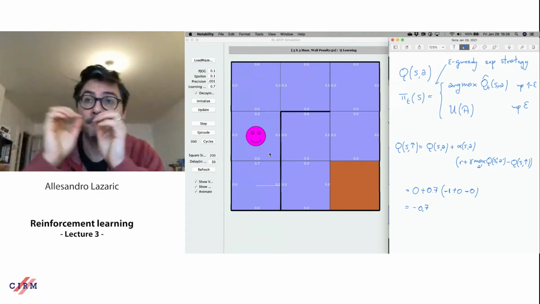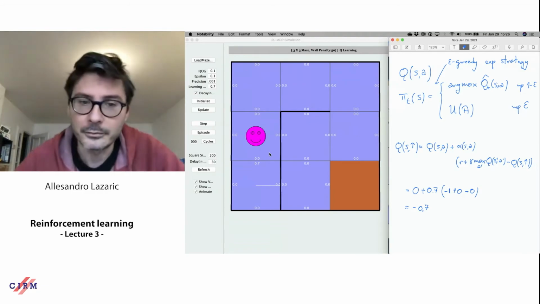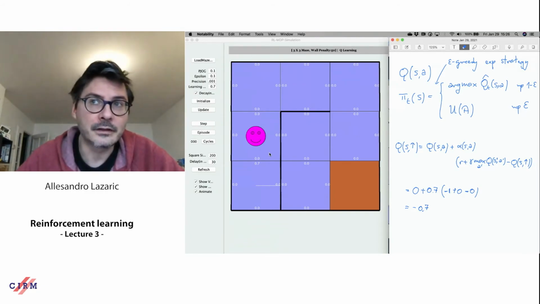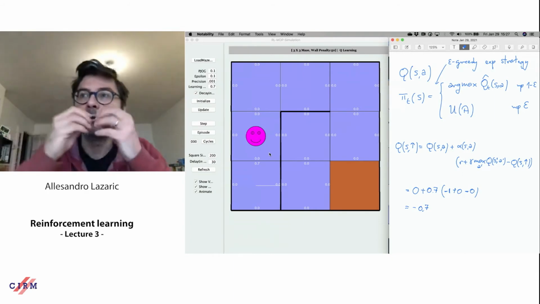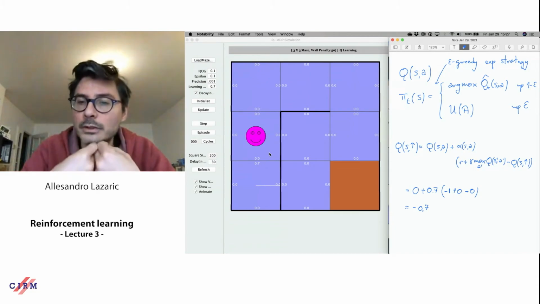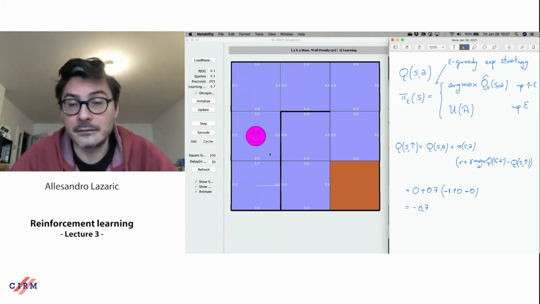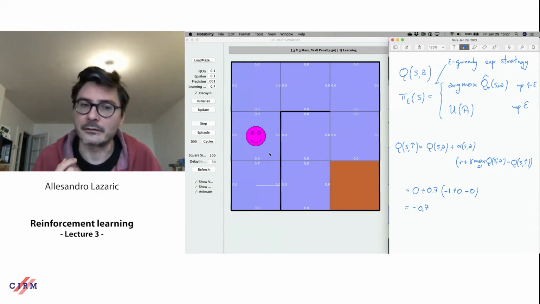I mean, this is what a single sample in reinforcement learning is telling you, which I think we can confidently say is pretty much nothing, right? One sample contains so little information that it's expected that these algorithms take a while to converge to anything sensible.